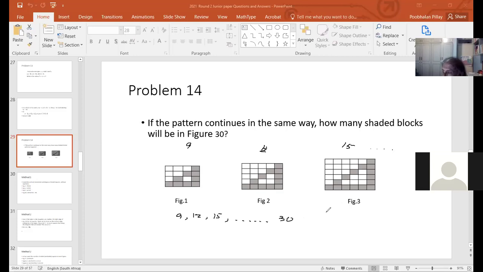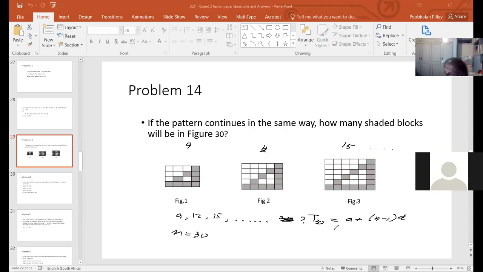So the question is now, oh no, not 30. 30 terms, n equals 30. That's the number of terms. And you want to know what is t, the 30th term. That's the question. And when you do arithmetic sequences, we know that the nth term is a, which is the first term, plus n minus 1 times d, that's the formula.